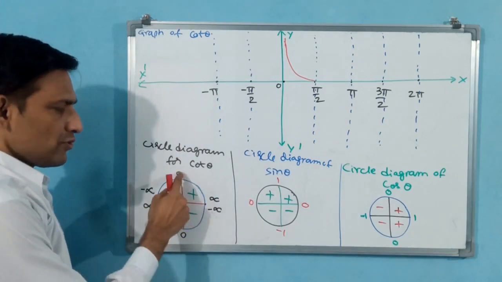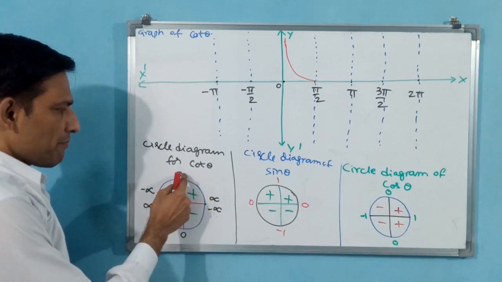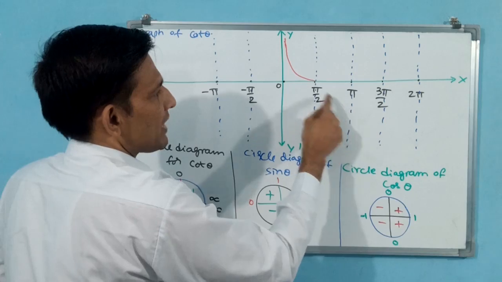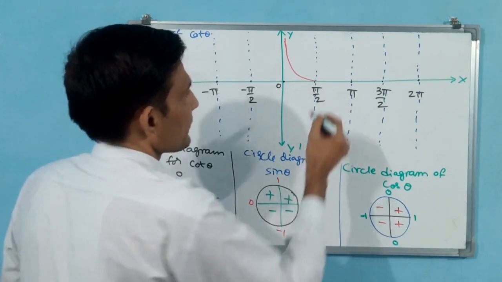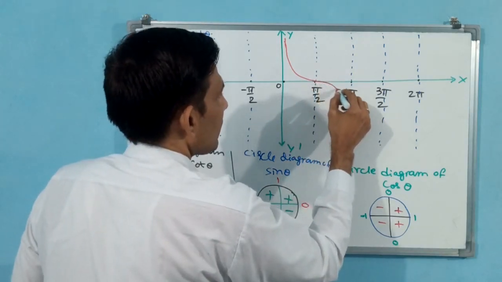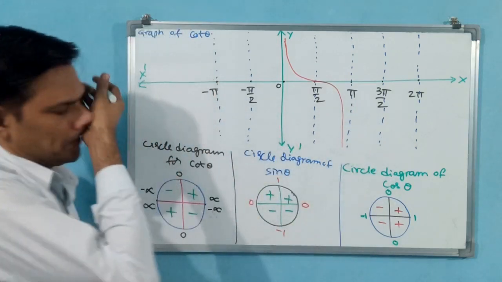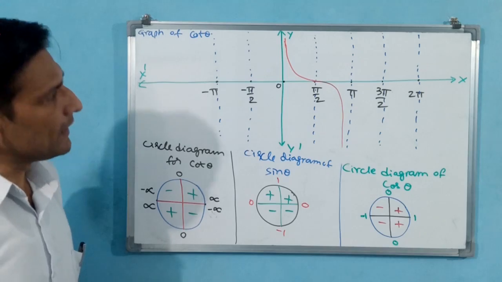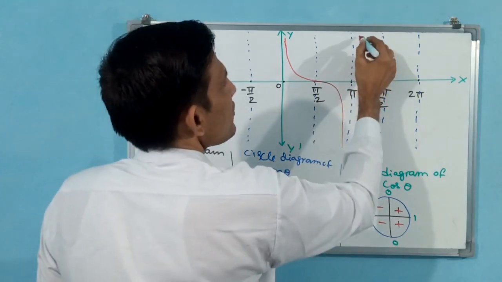Now you see, again you come back. Minus infinity to 0, 0 to pi by 2. From pi by 2 to pi, 0 to minus infinity. Understand? Again, the same is going to repeat.